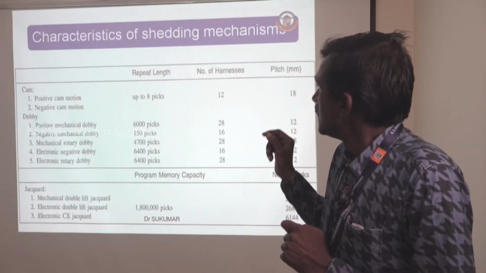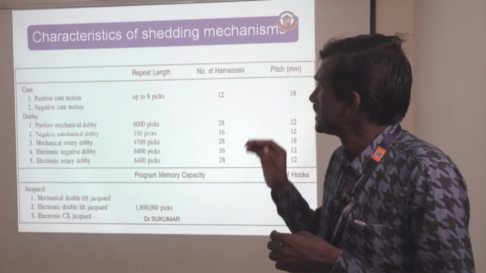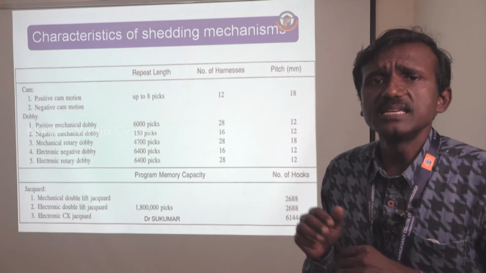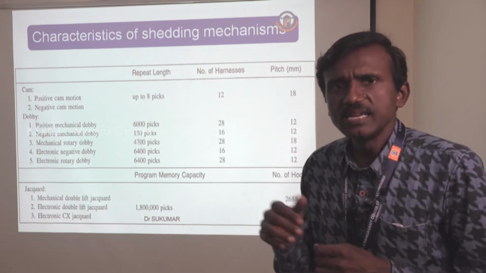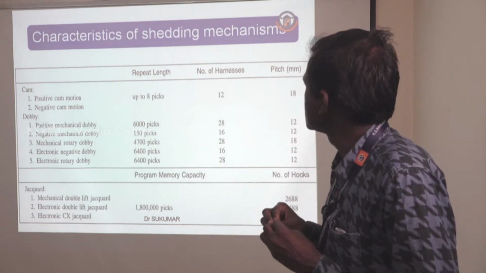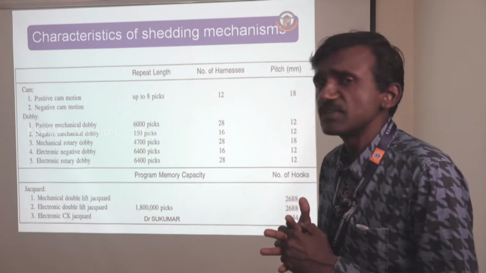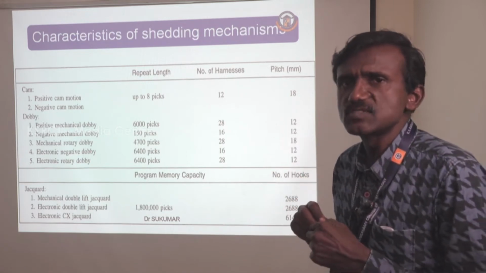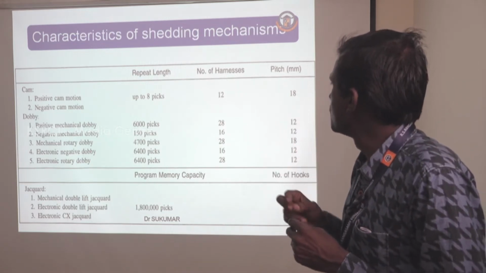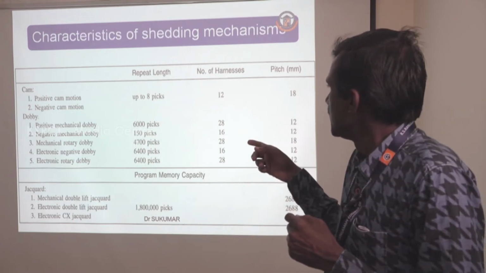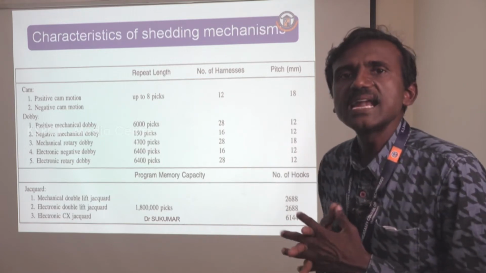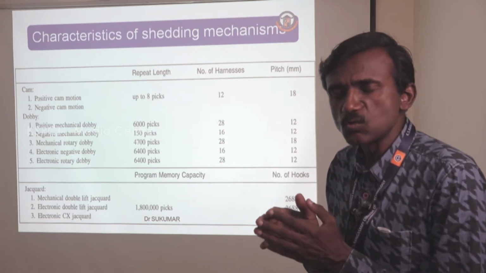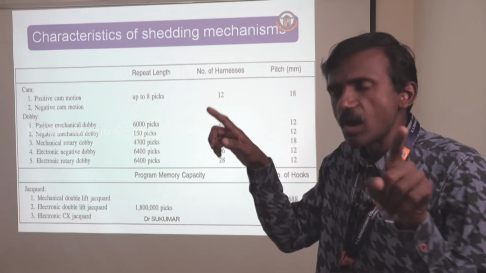In the characteristics of the shedding mechanism, as I have told, the shedding mechanism can control different numbers of heald shafts. The harness means the number of heald shafts. The cam system is able to control up to 12 heald shafts, and dobby mechanisms up to 28 heald shafts. In the case of the jacquard mechanism, it is unlimited. About 1,80,000 picks can be inserted as larger design shapes in the fabrics.